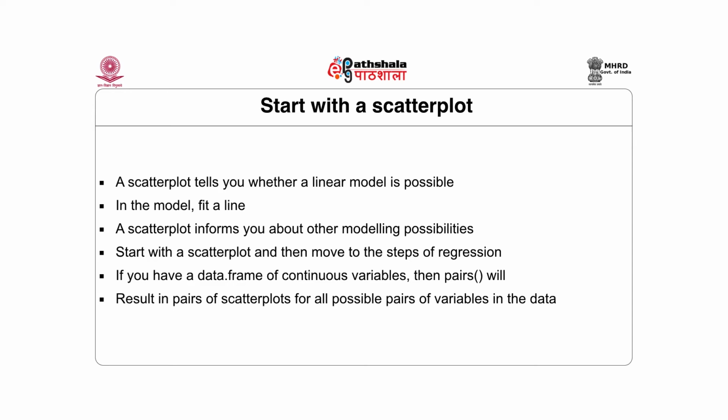It is also quite possible that different parts of the scatter cloud can be modeled differently, and therefore you'll have to come up with creative solutions as to how you can make those calls. Nevertheless, it is always a good practice to start with a scatter plot and then progress into other steps of regression.